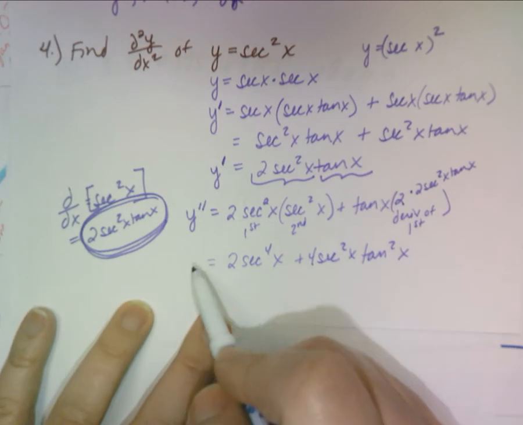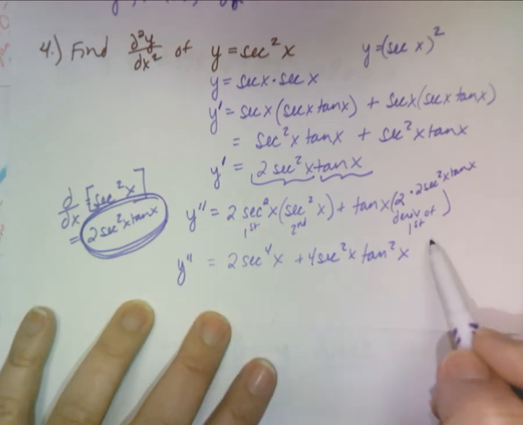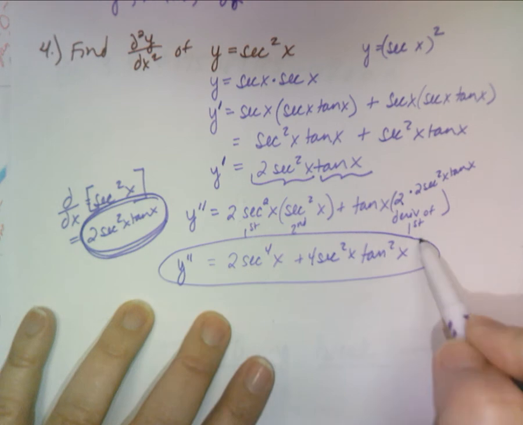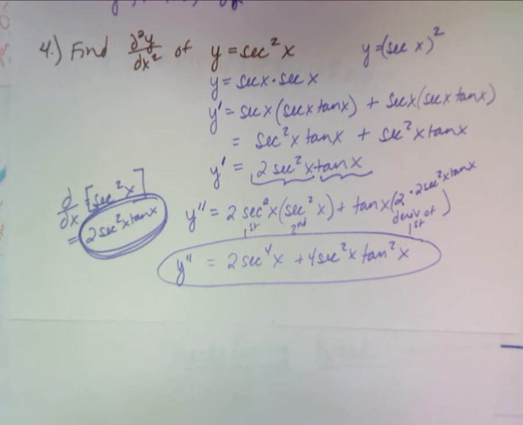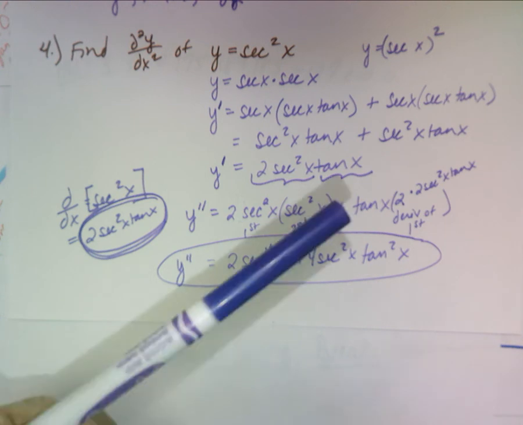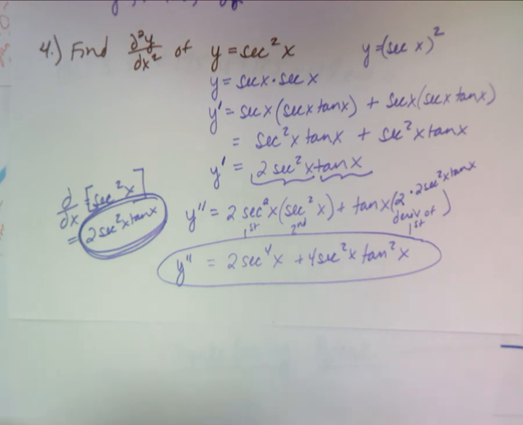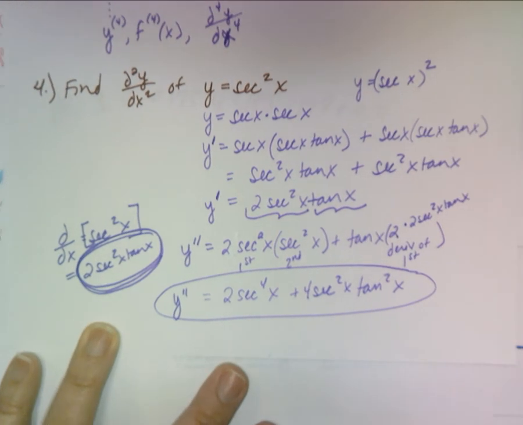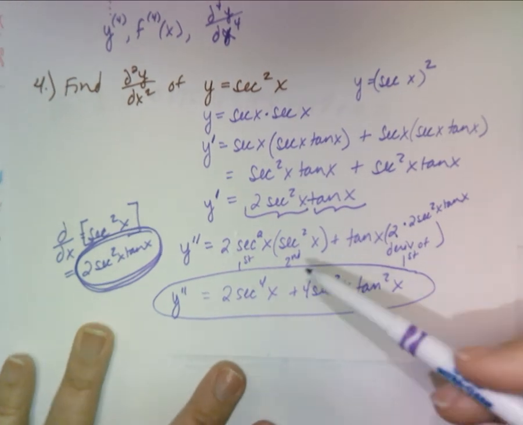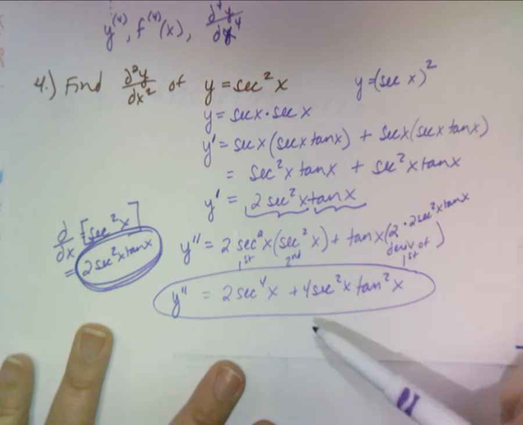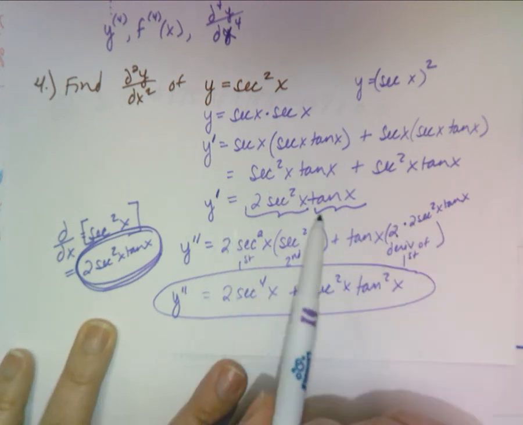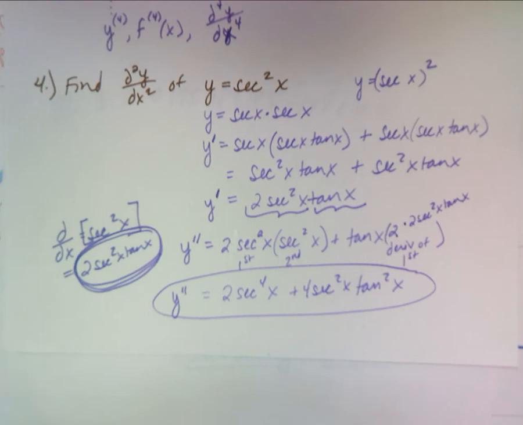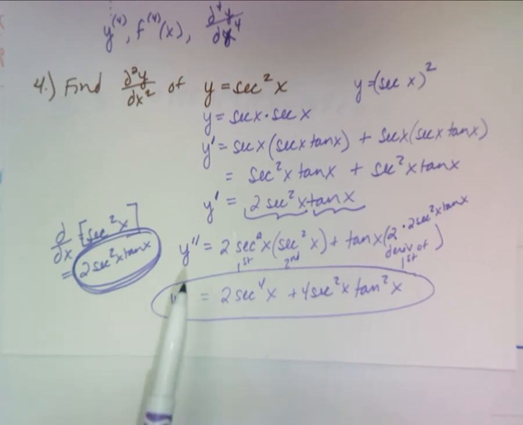That is the second derivative of secant squared x. Now, I'm going to be real honest with you. I do not like the way they teach this. This is going to be so much easier to do when we do what's called the chain rule. Okay? If this was partially confusing to you, really, if you could get up to the first derivative, I would be happy about that. The second derivative, when we do the chain rule, it'll make more sense.